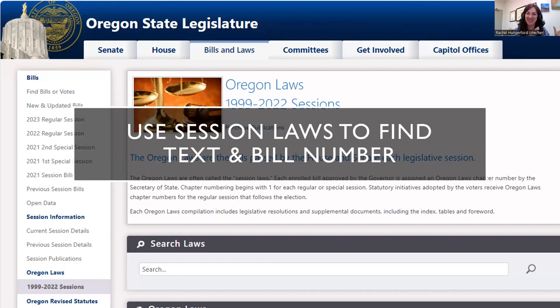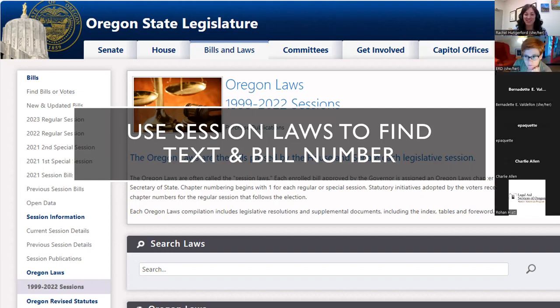But they're the mechanics of first, if you don't know the bill that enacted the statutory term or phrase that you're interpreting, how do you figure out what bill you're looking at. And then after that, the mechanics of, okay, once you know the bill, how do you find its record?